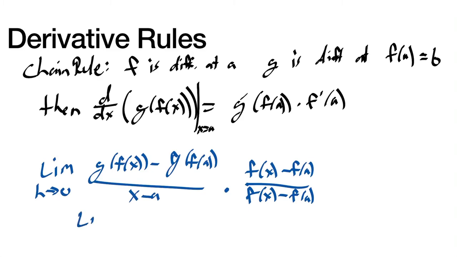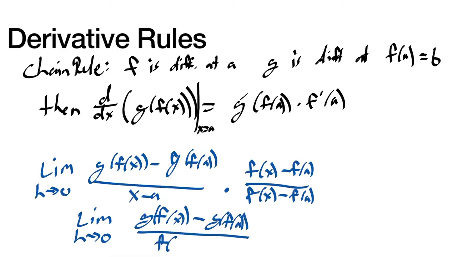And then you see I can now rearrange all of this and get g of f of x minus g of f of a divided by f of x minus f of a times f of x minus f of a over x minus a.